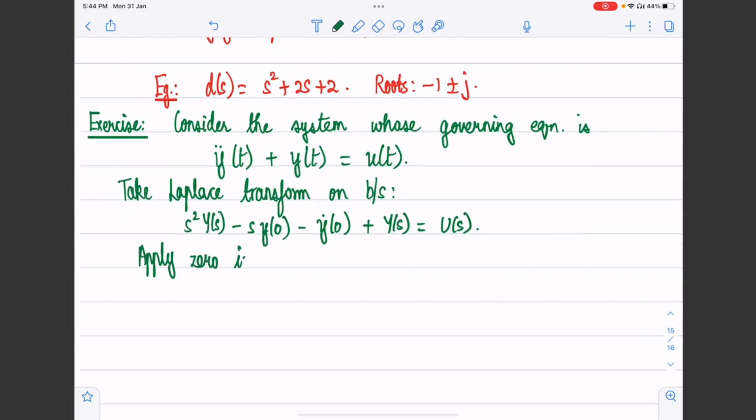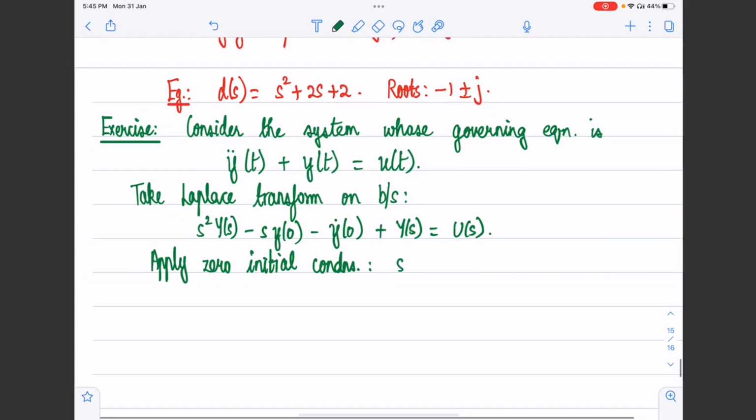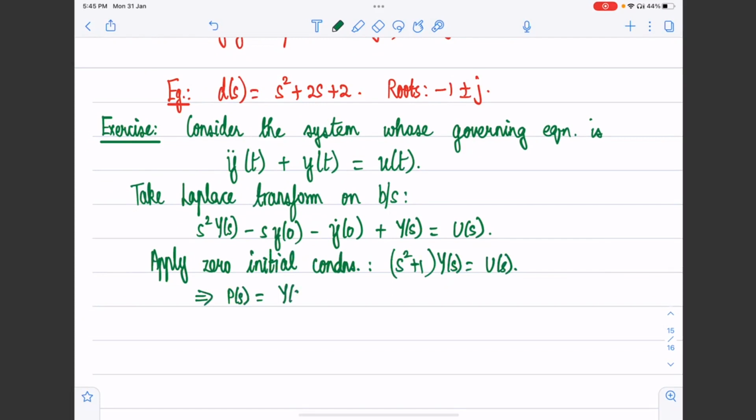So we get s squared plus 1 times Y of s equals U of s. From here we can conclude that the transfer function, Y of s divided by U of s, is equal to 1 divided by s squared plus 1. That is our system transfer function.